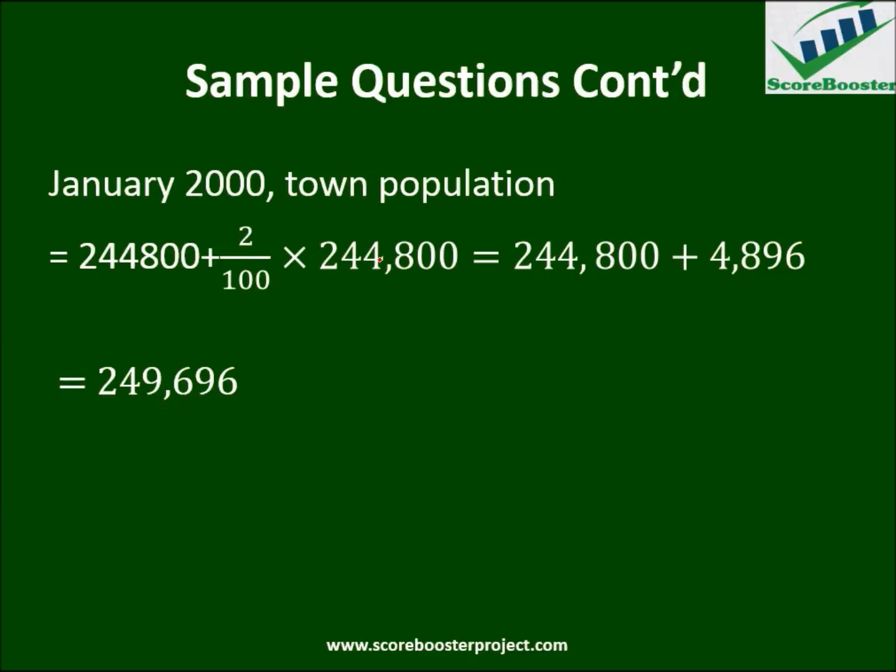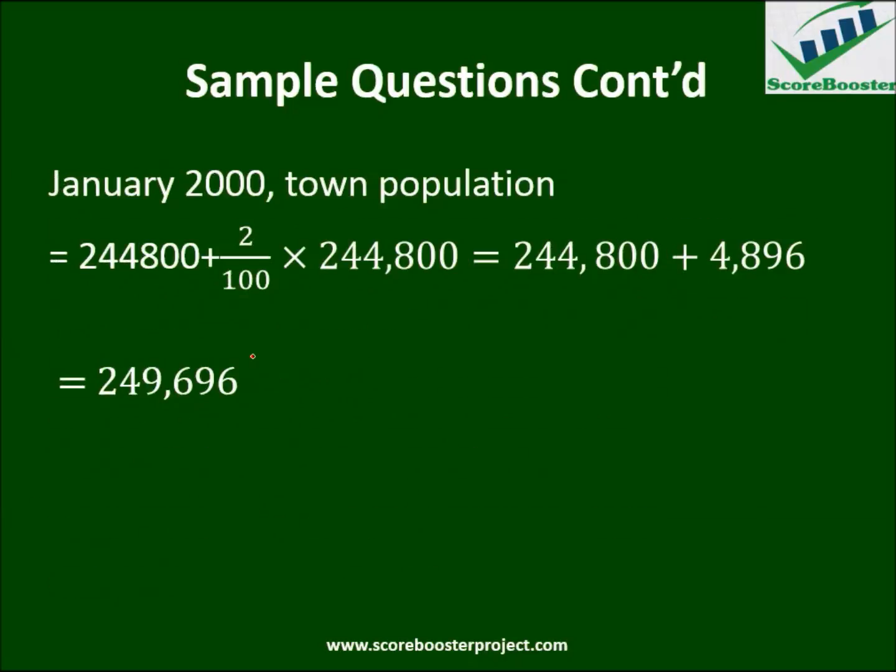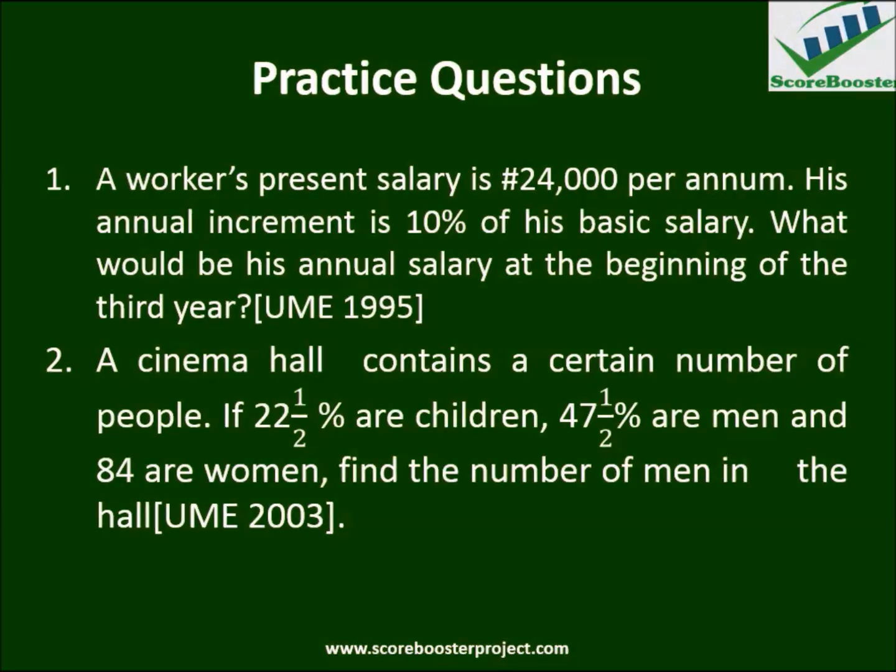This is the population of the town in 1999 that was calculated here. When you evaluate 2% of it, you have 4,896. We now simply add this to the population in January 1999 to arrive at the population in January 2000. So 244,800 plus 4,896 is equal to 249,696.